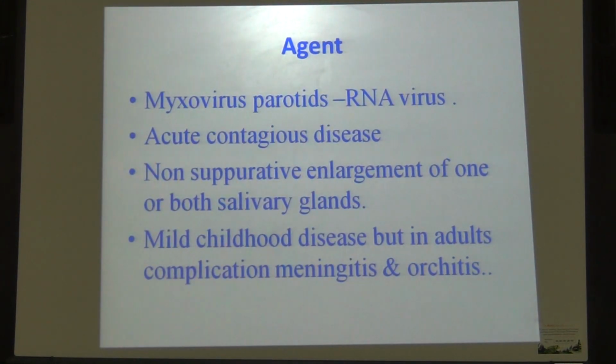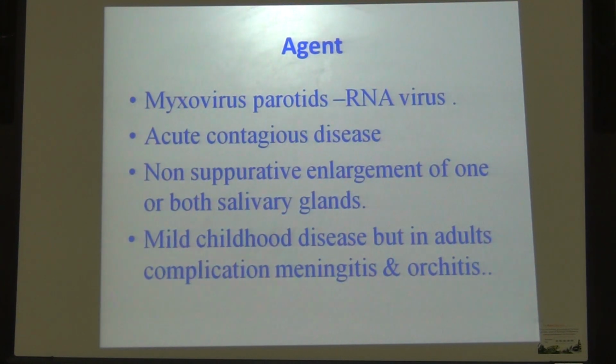The mumps virus is also an RNA virus, and it's part of the Myxovirus family. Mumps is an acute contagious disease, and it causes non-suppurative enlargement of one or both salivary glands. It also causes swelling of the testis, the ovary, and the pancreas.